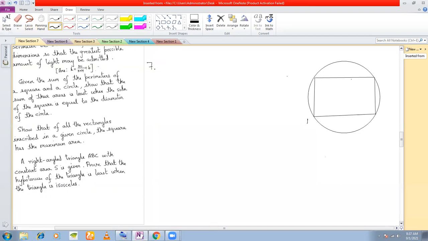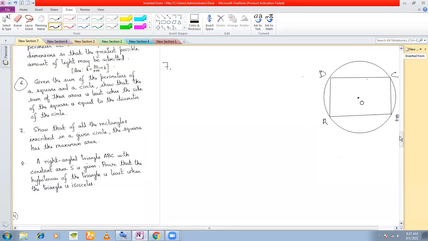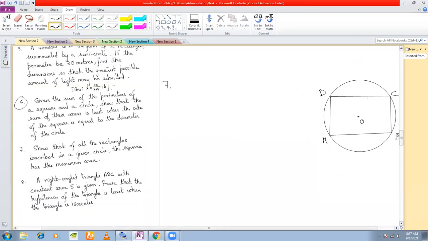Let's call this rectangle ABCD. Let us call O as the center of the circle. So now we'll see what is given to us here. That is the main thing in maximum minimum: identifying what is given. What is given will always be your constants and the others will be your variables.